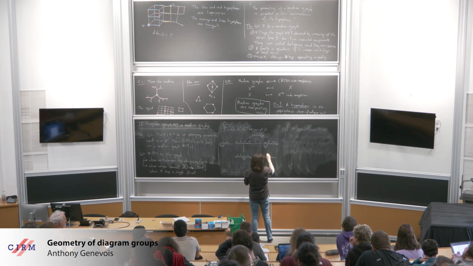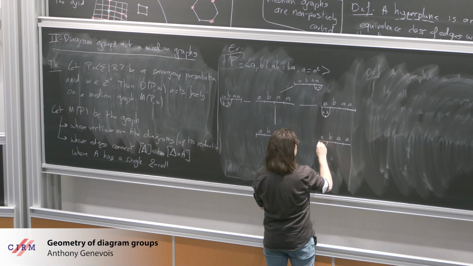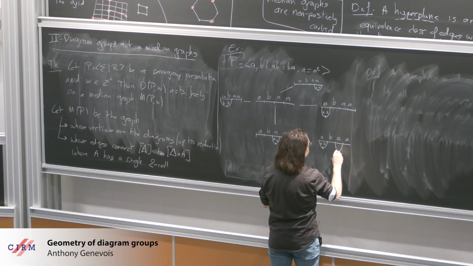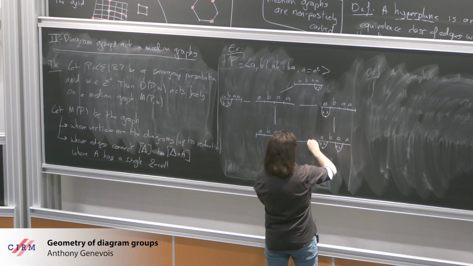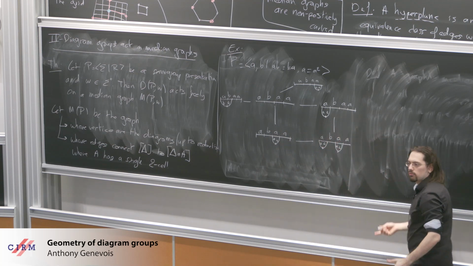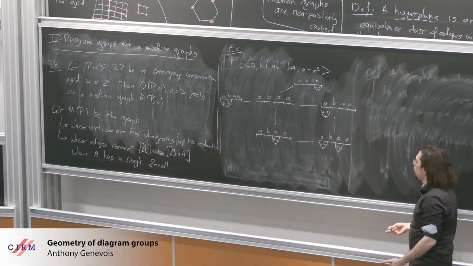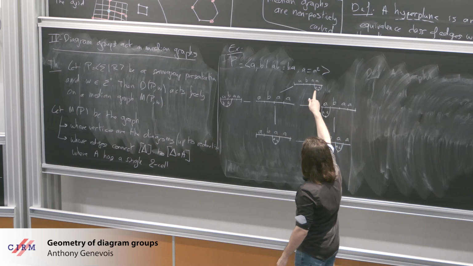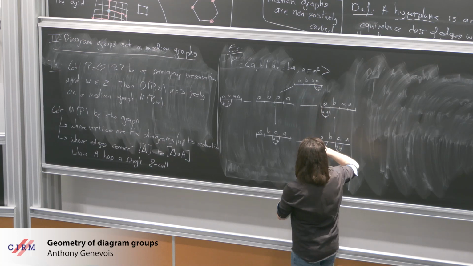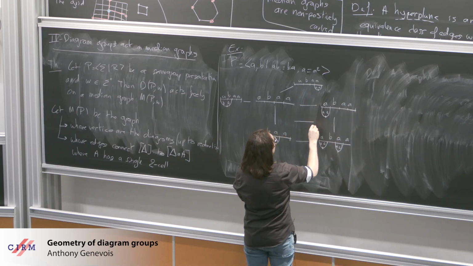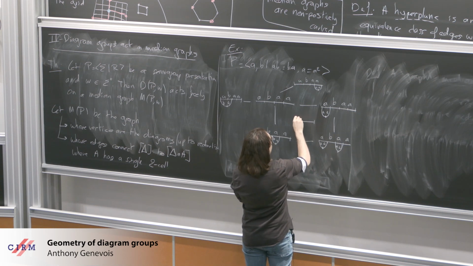And what you get is this diagram, AA and this one, AA. And you see that there is a square, a 4-cycle. And with this one, if you add, you will see a cube.